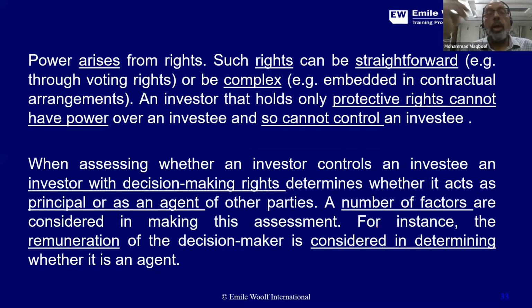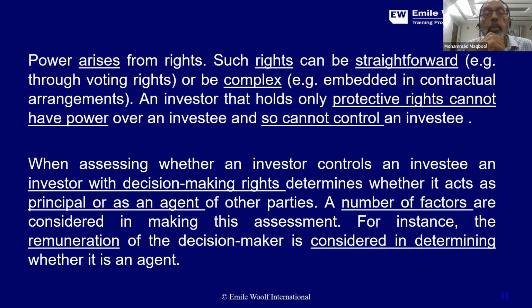So as I already said in the last slide, a protective right does not give you control, and you are not required to consolidate. The protective right could come straight from the voting right, or it could be part of some contractual arrangement where some party enjoys protective rights.